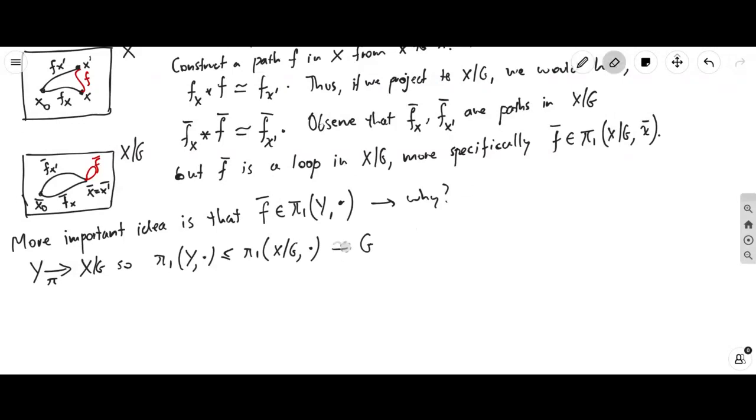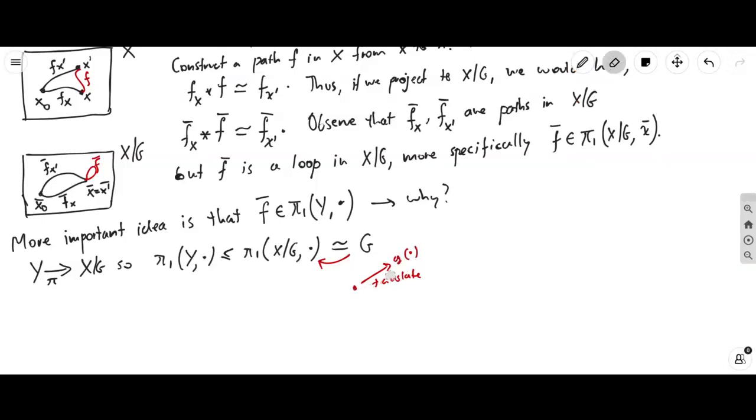Now, let's recall how this isomorphism works. The mapping is, if you give me some point, you're going to translate that point by some automorphism.